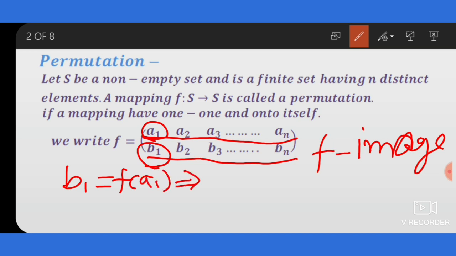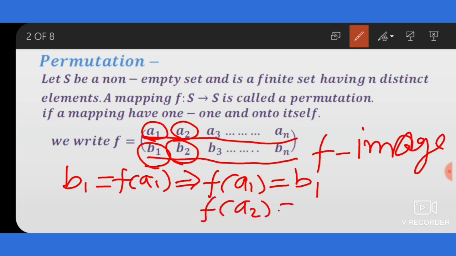This implies f(a1) equal to v1. Similarly, v2 is the f image of the element a2, that is f(a2) equal to v2. Similarly, f(an) equal to vn.